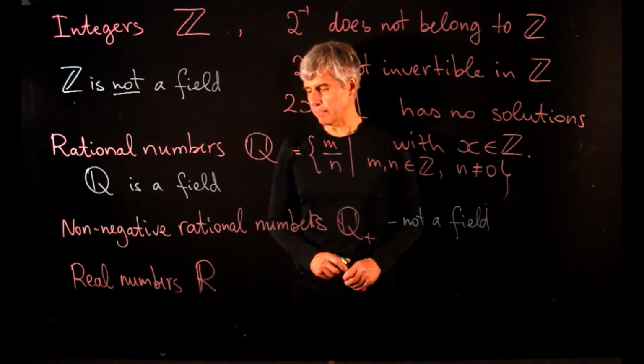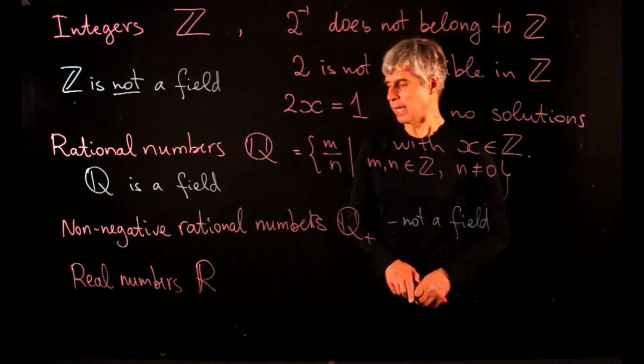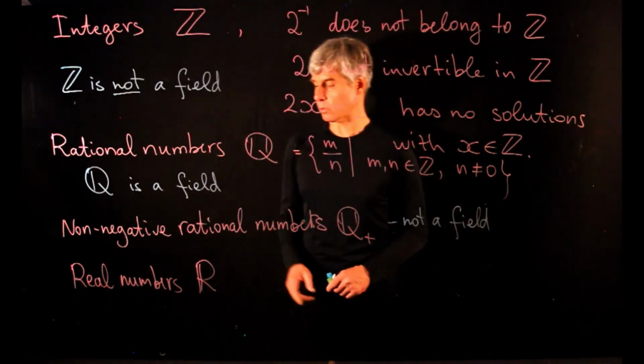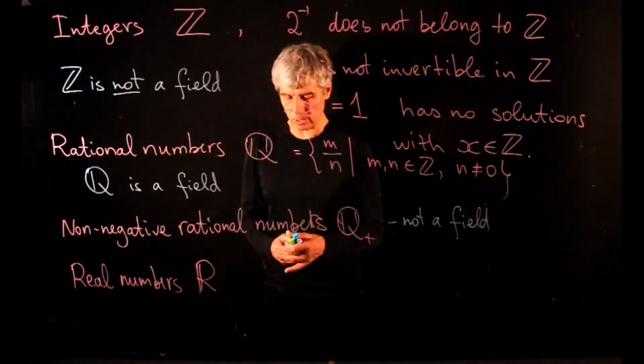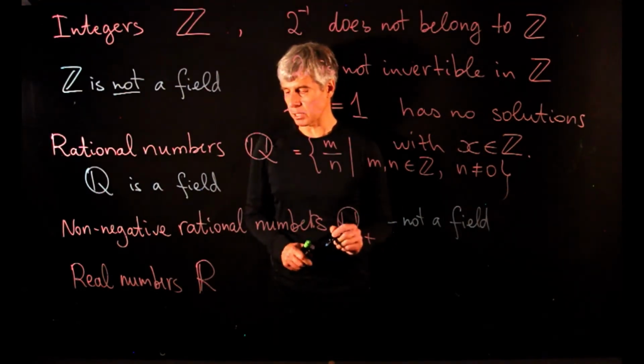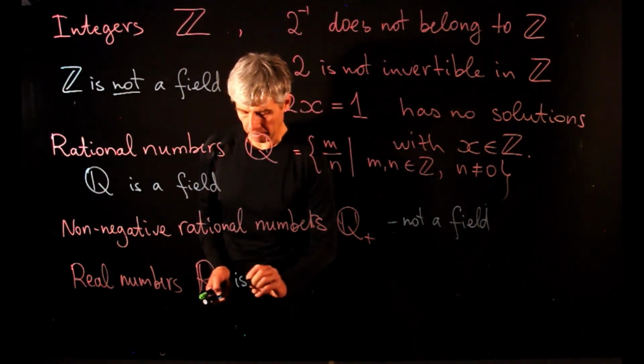We have opposites, so every real number has a real opposite. And also we have multiplicative inverses for non-zero real numbers. And again, all arithmetic properties hold, so this is a field.